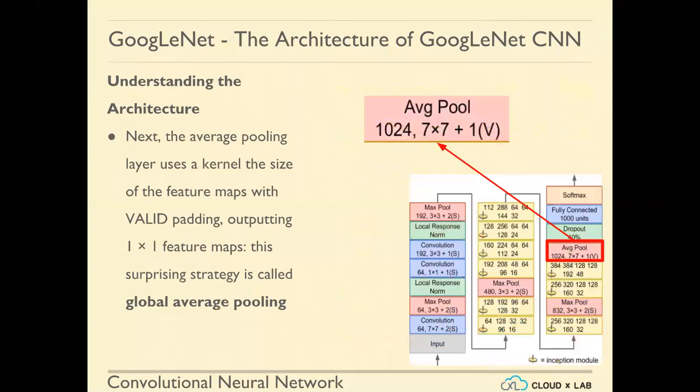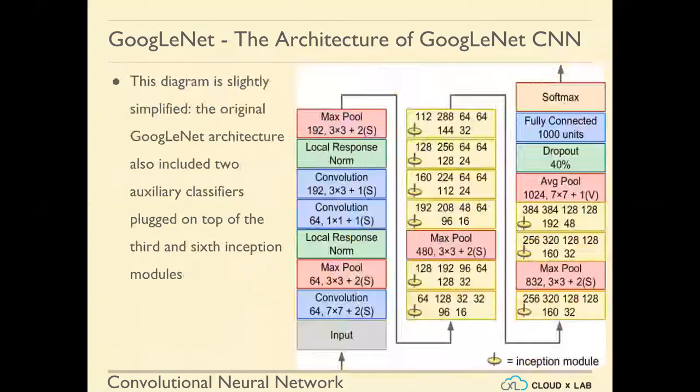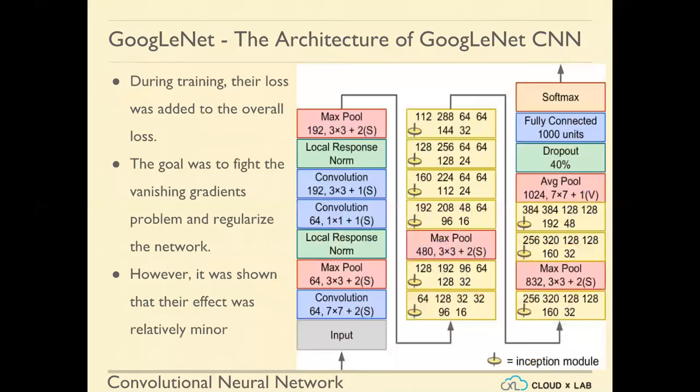Okay, and then in the last we had averaging pool. Afterwards we had the regularization and the other parts. The dropout was for regularization, followed by fully connected 100 units, and then softmax. All right, so this is what was the GoogLeNet.